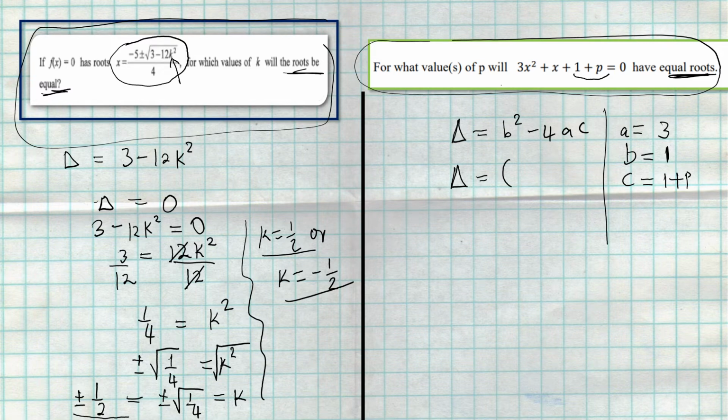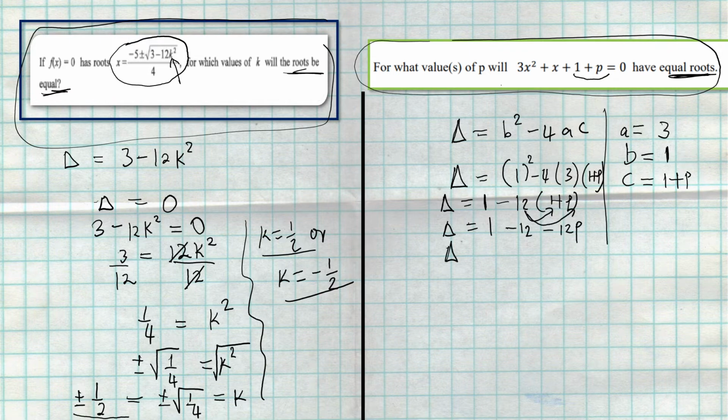So I'm going to substitute. b is 1 squared minus 4, a is 3, and c is 1 plus p. Okay, so delta will be equal to 1 squared is 1 minus 4 times 3 minus 12 into 1 plus p. Then we can just simplify. Delta is 1 minus 12 times 1 is minus 12, minus 12 times p is minus 12p.